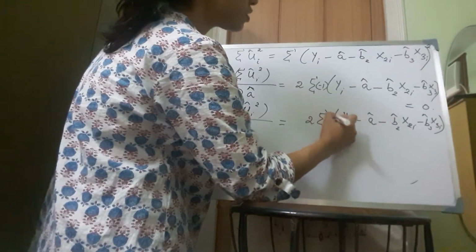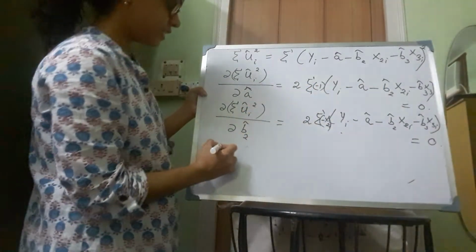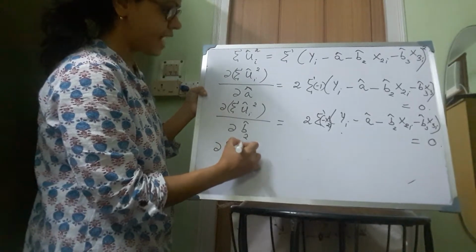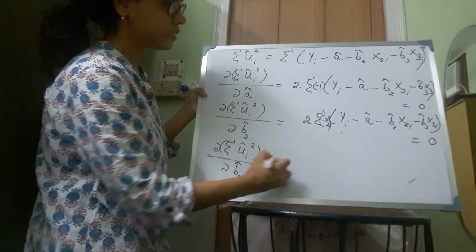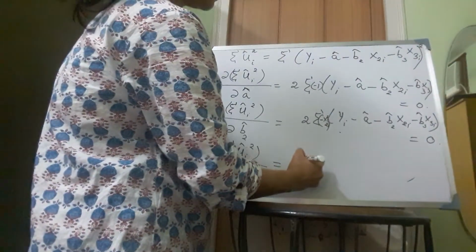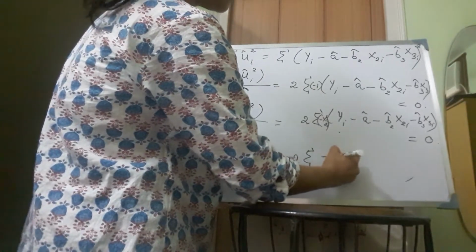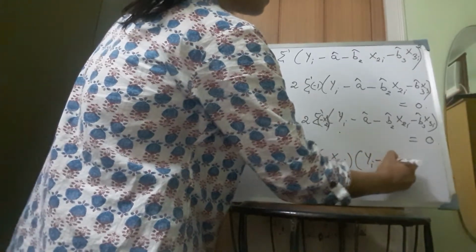So that is equal to 0. And the third first order condition is delta summation ui hat square over delta b3 hat, which is equal to, again, 2 summation, then within bracket minus x3i, then yi minus a hat minus b2 hat x2i minus b3 hat x3i is equal to 0.